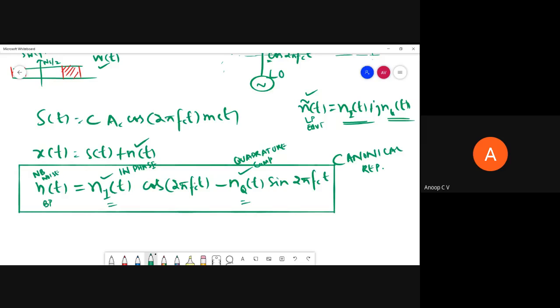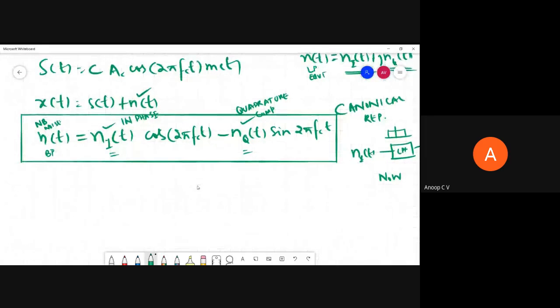If you pass n I of t alone through a low pass filter of bandwidth 2W, the output will be N0W. That's what you have to keep in mind. As and when required, we'll use it. So this is our n of t.